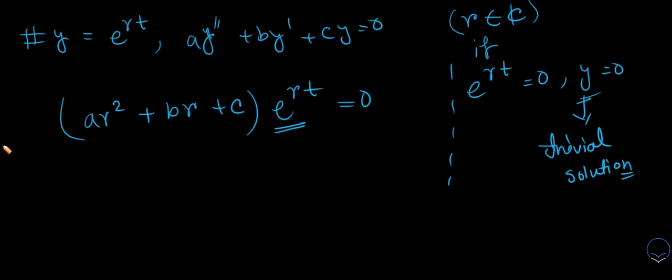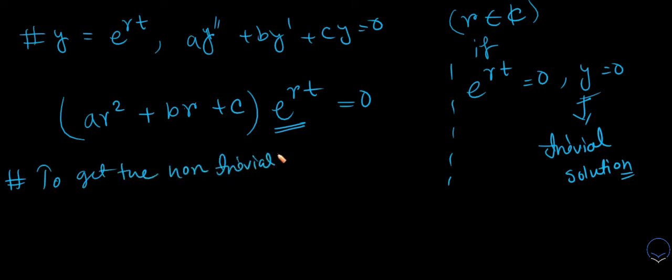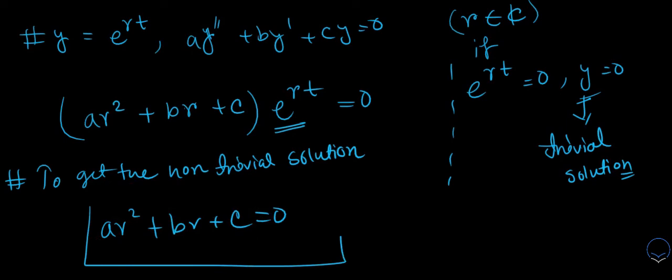To get the non-trivial solutions, what you need to do now is write ar squared plus br plus c equals 0, and this is sometimes called a characteristic equation or auxiliary equation.